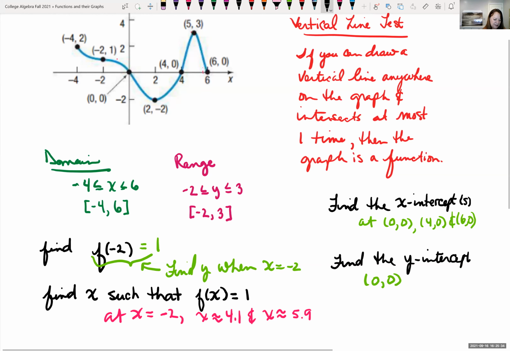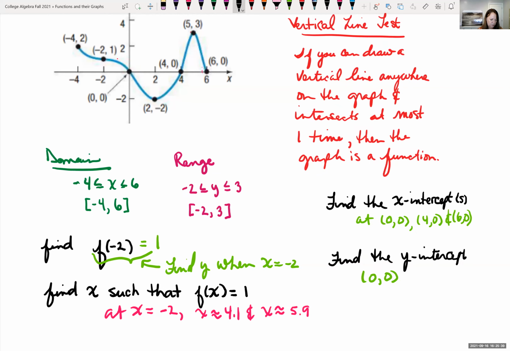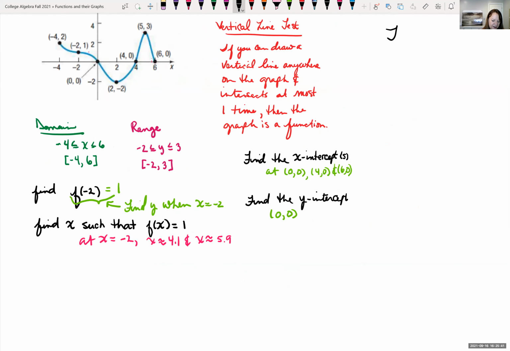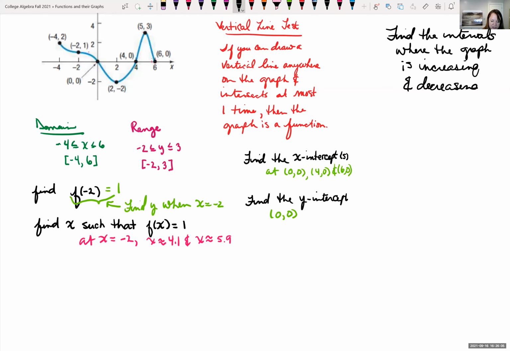If it asked me to find where this is decreasing, let's find the intervals where the graph is increasing and decreasing, and let's put it in interval notation.